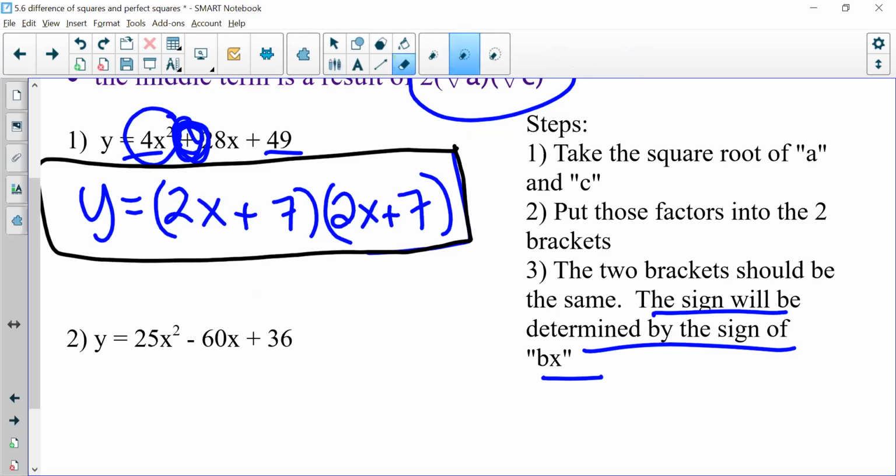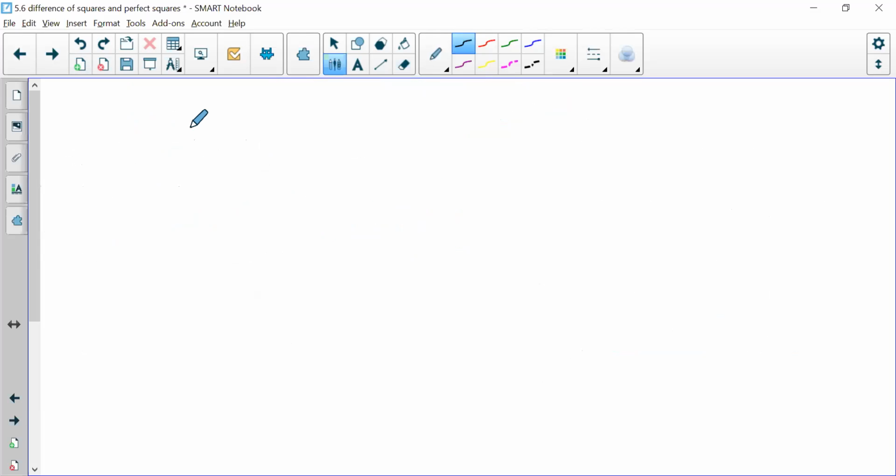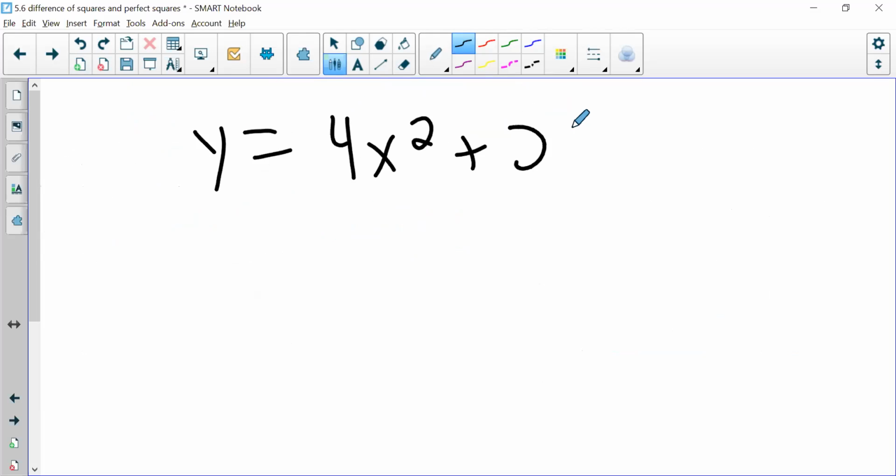Let's compare this to, though, if we don't remember to check to see if it's a perfect square trinomial. Okay, our other option is to do the a times c method. You don't have to write this down. 4x squared, 28, and 49. Let's say we're looking at our factoring flowchart and we're like, okay, it can't be common factored.